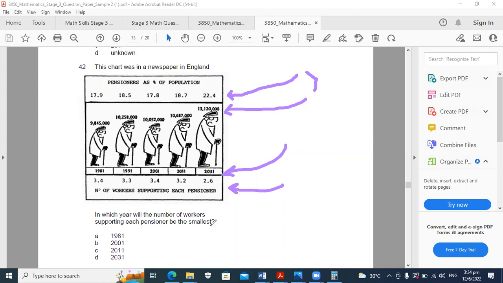Which year? I wouldn't say 1981, because you have to look at these values here.